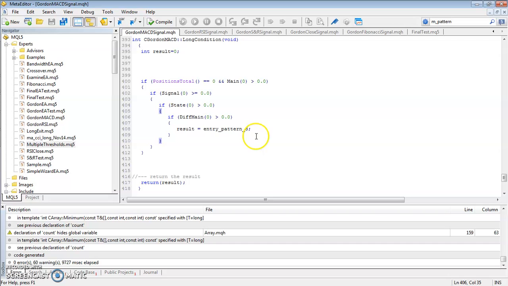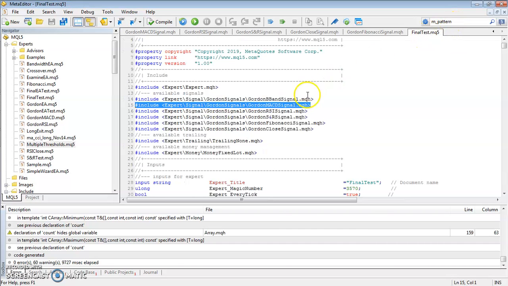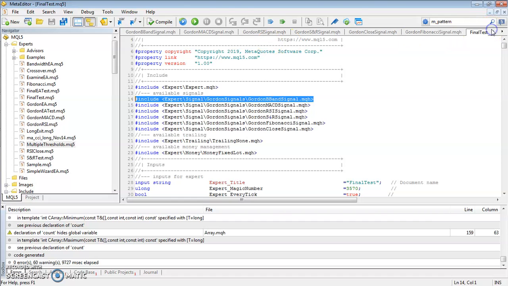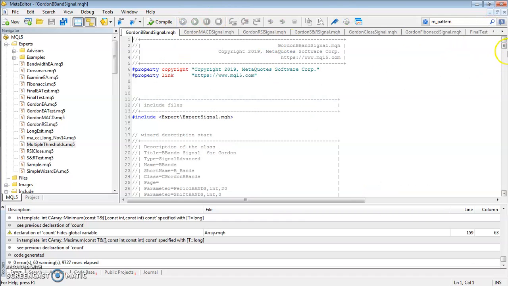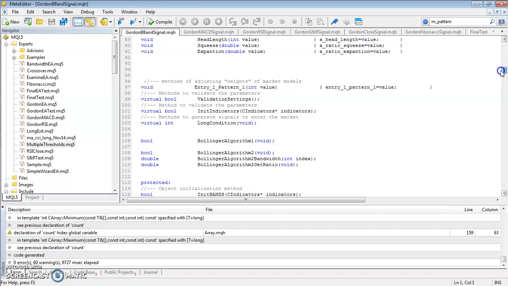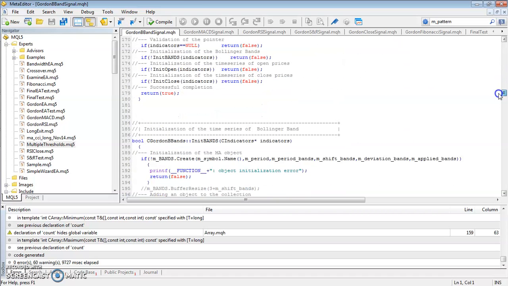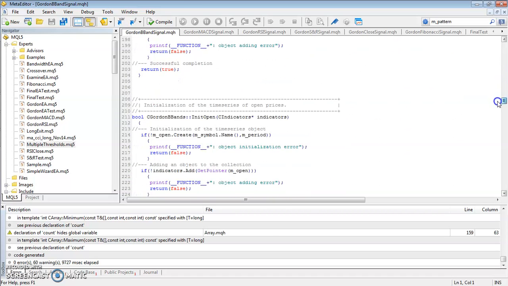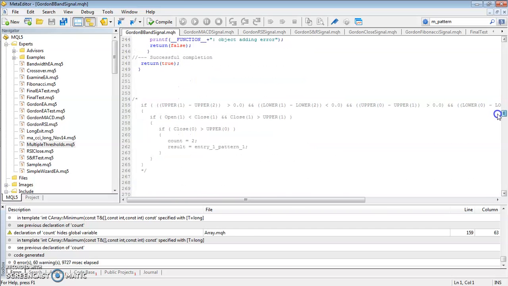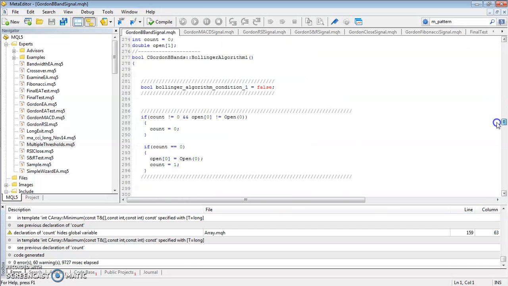And finally, in the Bollinger Bands that we've included, we have pretty much two algorithms that we've set here. One that I've created, and another one that John Paris created.